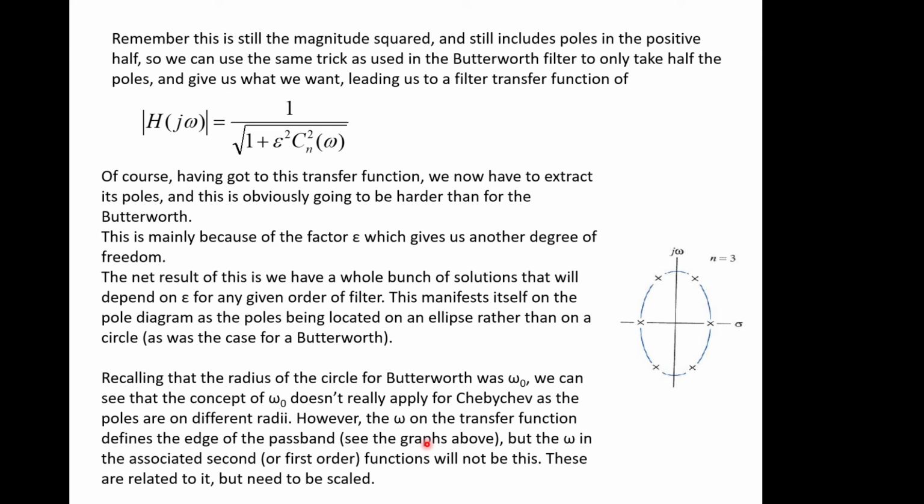So that starts to become a bit of an issue and does complicate things a little bit. But if we understand that's what we're doing, each pole will have its own different omega related to it. Then we can maybe move ahead with that. It's actually not as bad as it sounds.